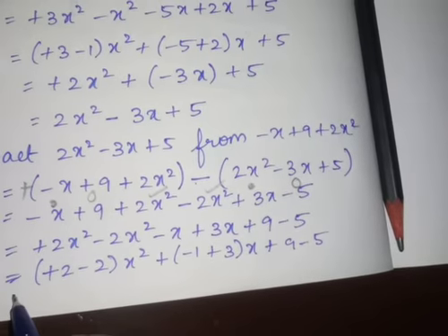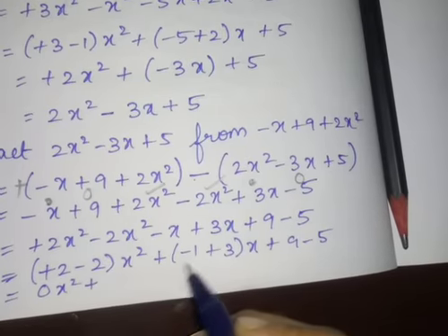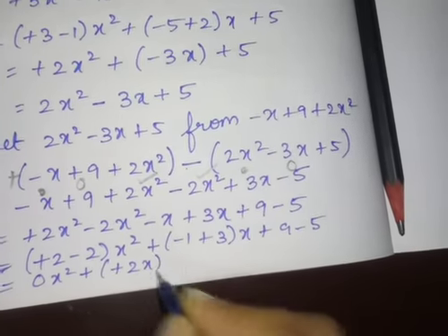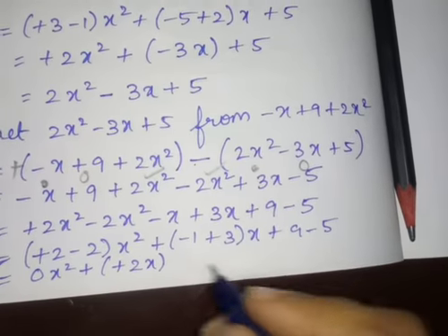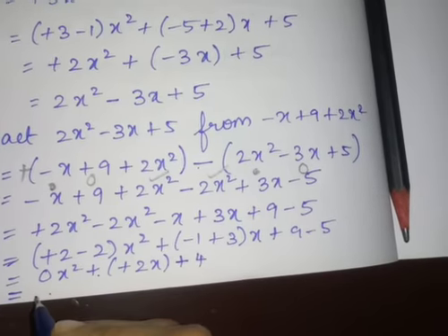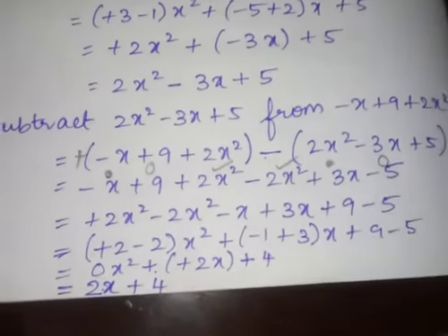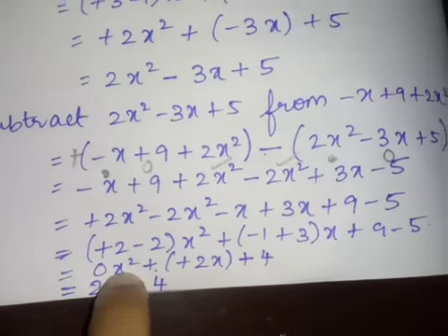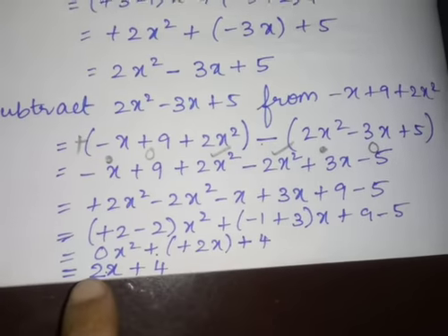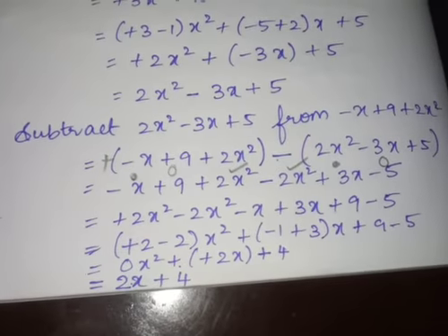Yes, now plus 2 minus 2 is 0 x square, plus minus 1 plus 3 is plus 2x, plus 9 minus 5 is plus 4. So what is the final answer? Plus into plus, 2x plus 4. Answer is what? 2x plus 4, because this is a 0 term, so the 0 will come, that we don't want. So 2x plus 4 is the final answer.